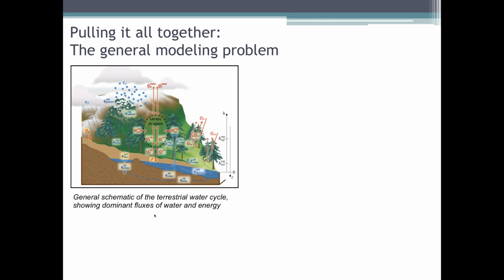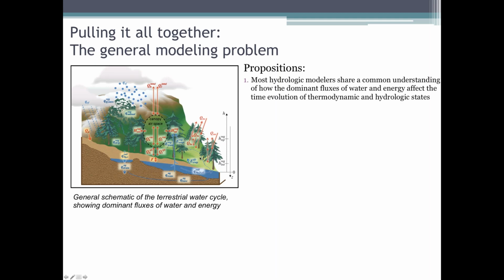So we have all the components. How do we pull it together? Here's the picture from the beginning. We have a general modeling problem. So in the construction of the SUMA model, Martin's basic ideas were that most hydrologic modelers actually agree about where the dominant fluxes of water and energy come from and how they affect the time evolution of the thermodynamic and hydrologic states.